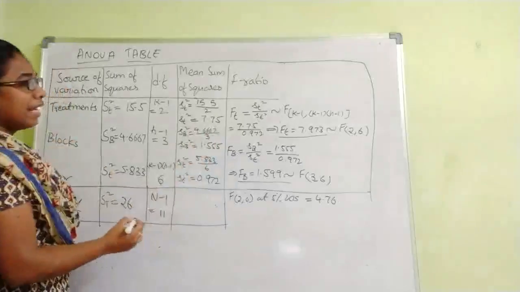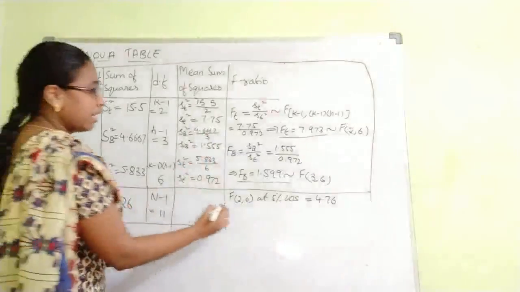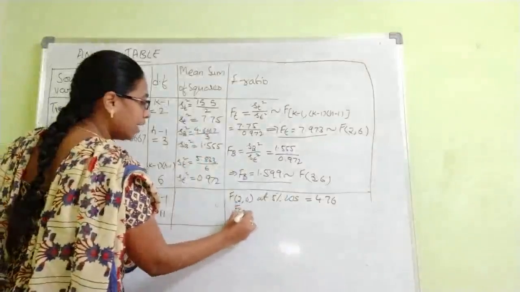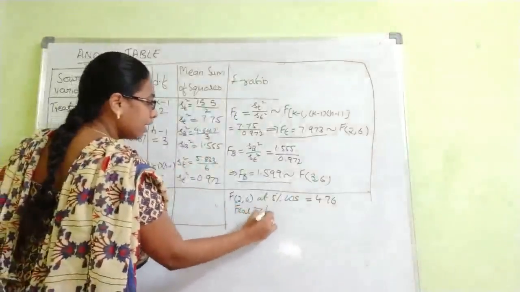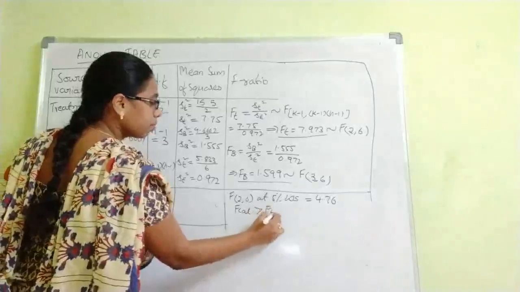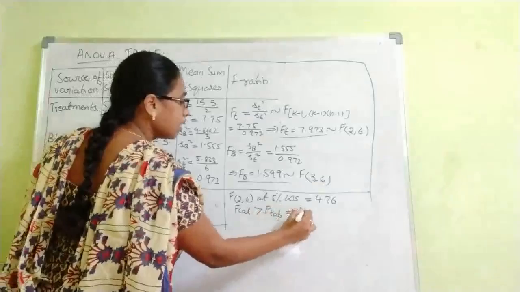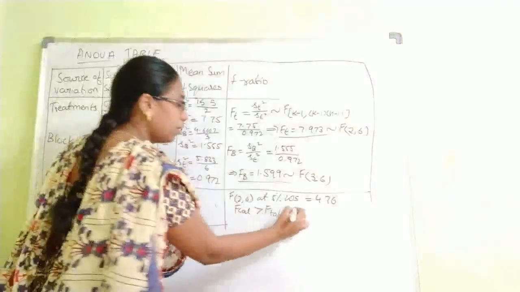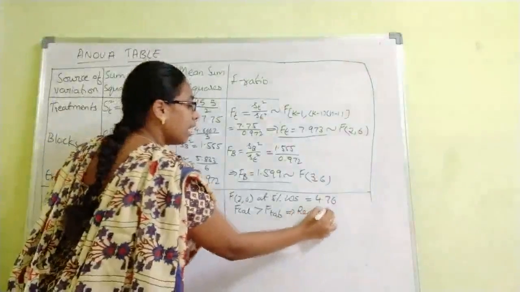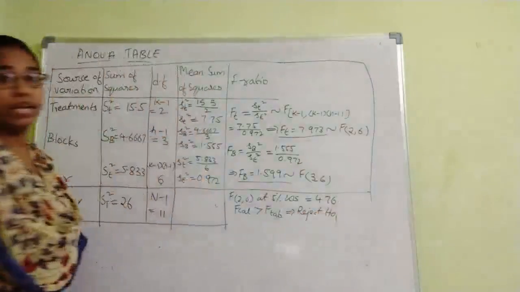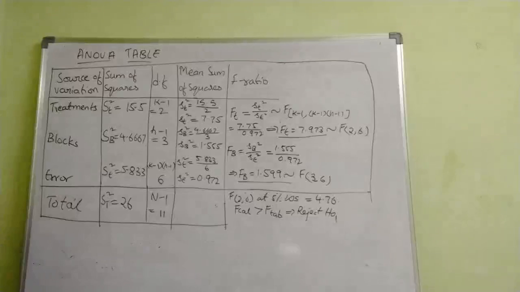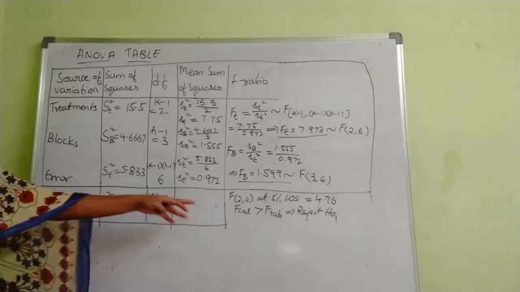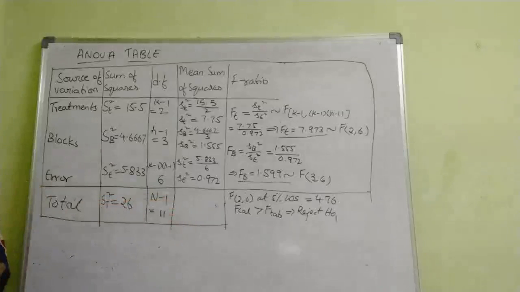What is the calculated value? 7.9. So F calculated is greater than F table, which means we reject the null hypothesis, that is H01. So the first null hypothesis is rejected. Rejected means the treatments are not homogeneous.